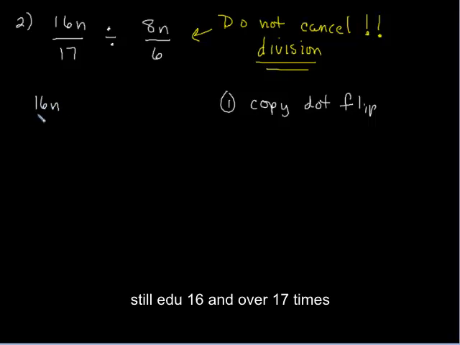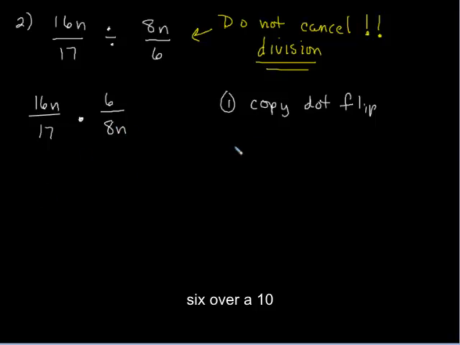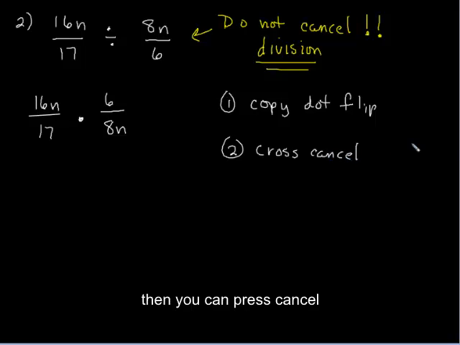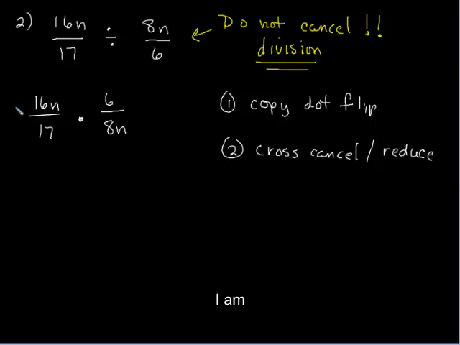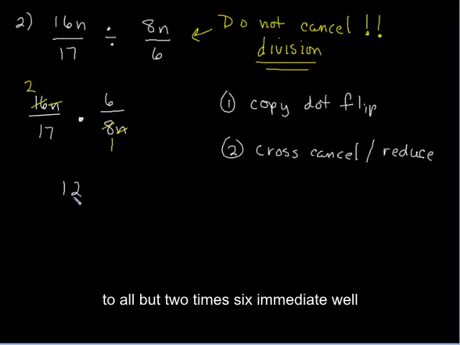So I do 16n over 17 times 6 over 8n. Then you can cross cancel or reduce inside the line, however you want to do it. 16 and 8 will both divide by 8, and n will cancel an n. 6 and 17 have nothing in common, so I multiply 2 times 6 and I get 12, and 17 times 1 gives me 17.